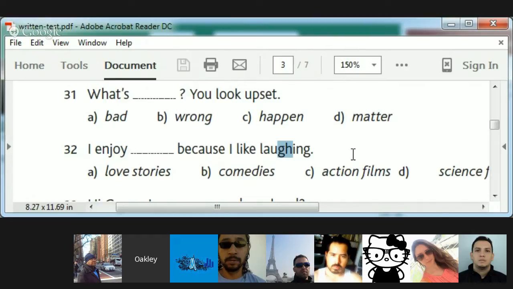It's ghost, not fost. So be mindful of where it appears. At the end or in the middle of a word, it can have an F sound. As far as the vocabulary is concerned, yes, comedies make us laugh. Good job.